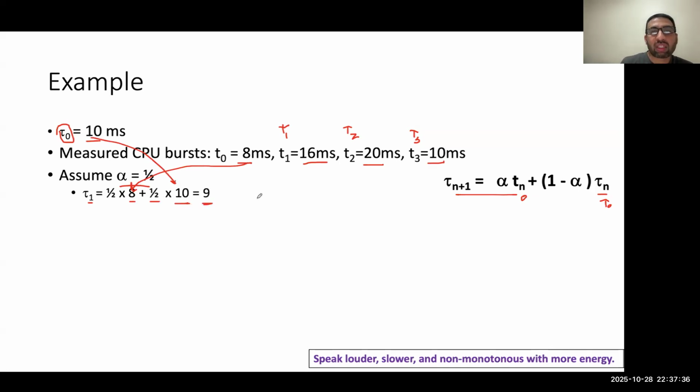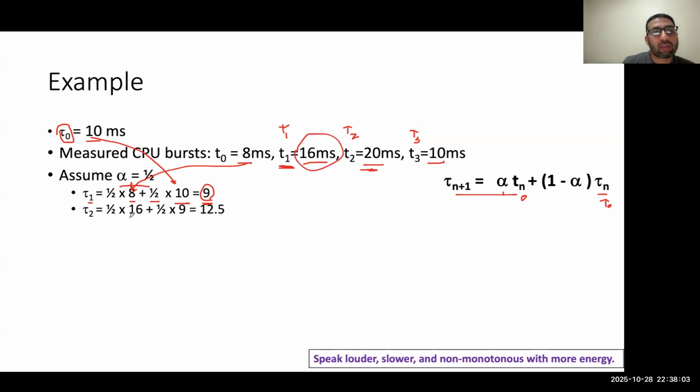So now for the first burst we have both the actual length and the estimated length. Now we want to find the estimated length of the burst for the index n equal to 2, right? So tau 2 is equal to what? Alpha times T1. What is T1? It is 16, right?